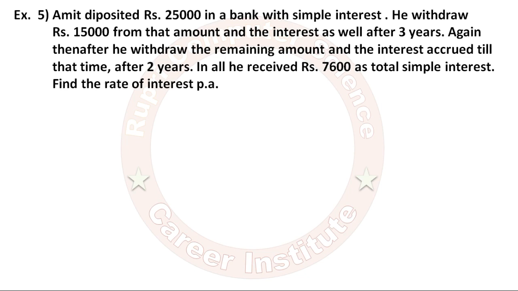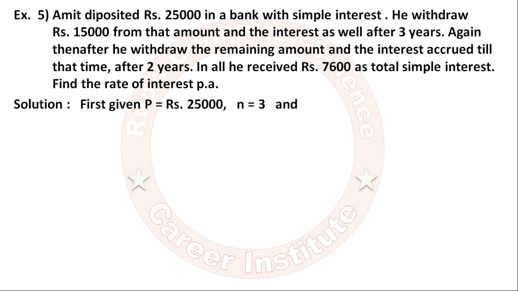Now start solving. Given first, P is equal to rupees 25,000, N is equal to 3, and R is what we have to find out, the rate of interest, therefore I put a question mark.